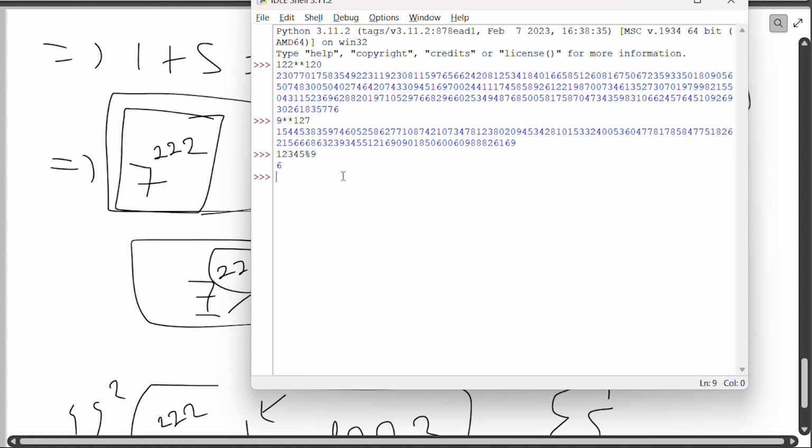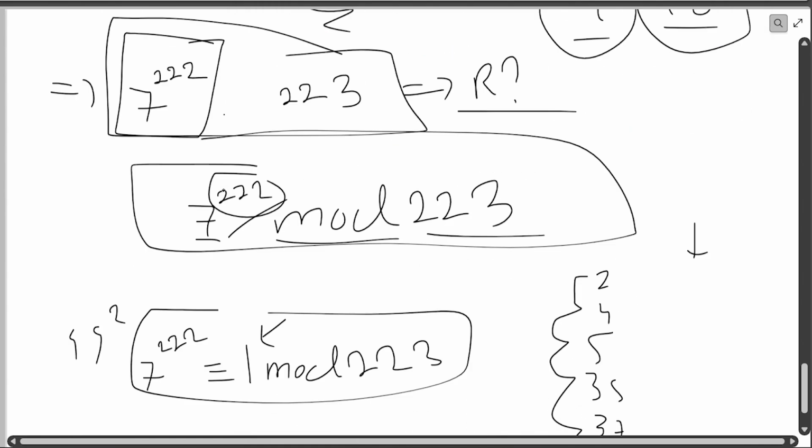Let's just verify it. So you have 7 raised to 2 to 2, let's take this in a bracket, and you are getting mod 2 to 3. And the answer is indeed 1.